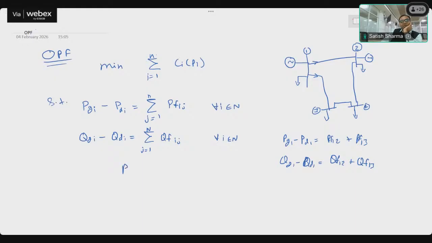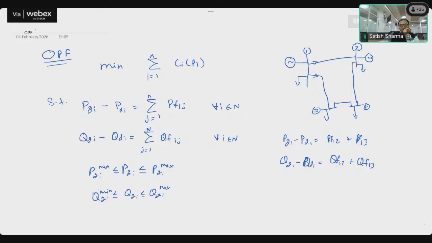In economic load dispatch we had that PGi should be between PGi minimum and PGi maximum. This was quite obvious, that generation should be within the limit. And then we had QGi, which should also be within the maximum and minimum limit. So we'll write these equations as well.